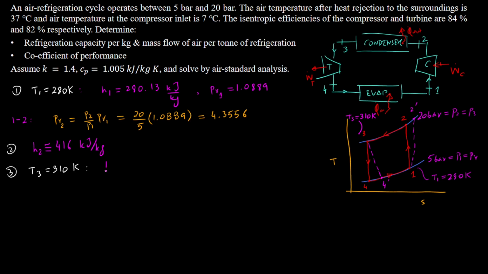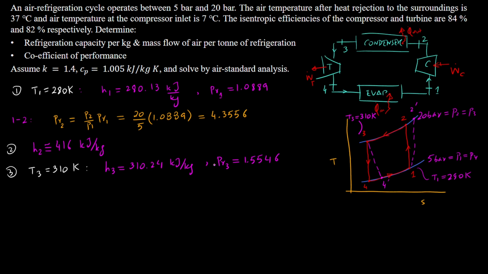So that means we got H3, which is 310.24, and we got PR3, which we just read off the table, which is 1.5546.